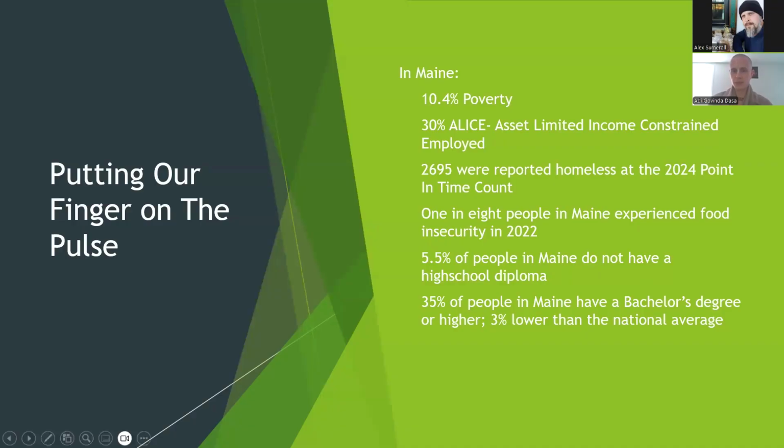So this is a bracket of people who are actively working. They're responsible people, but they are on the brink of poverty. And many of these people in ALICE, if they miss one or two paychecks, they could be homeless, or they could have severe setbacks in their financial situation.